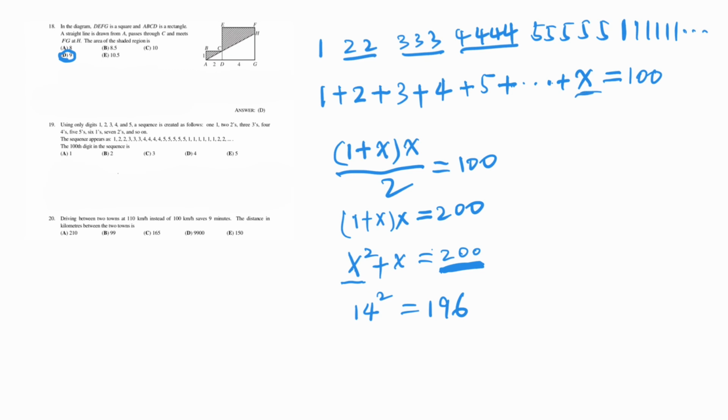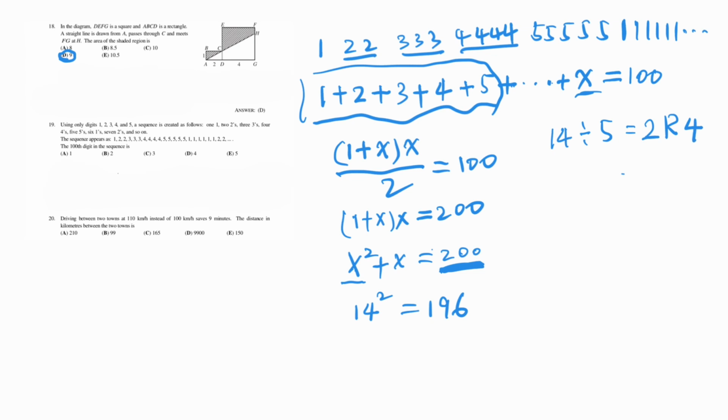We have the 14. But what number? That's the 14th number there. Look at this, it's every 5, repeating from 1 to 5. We use 14 divided by 5 equals 2 remainder 4.